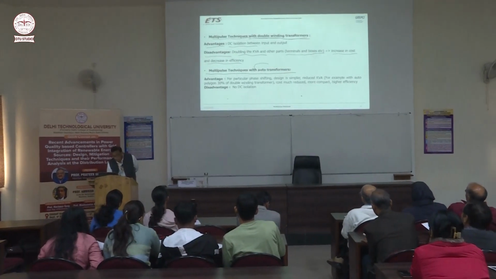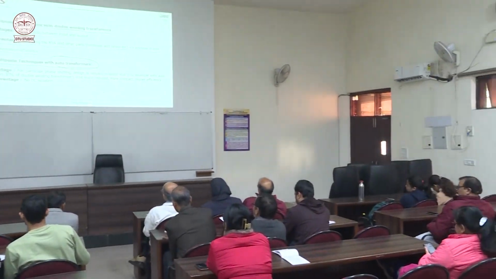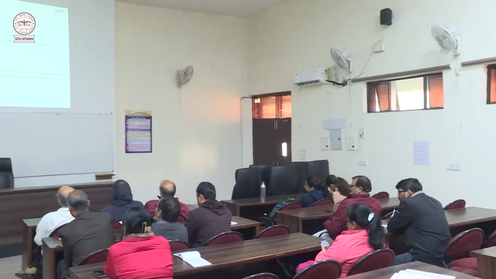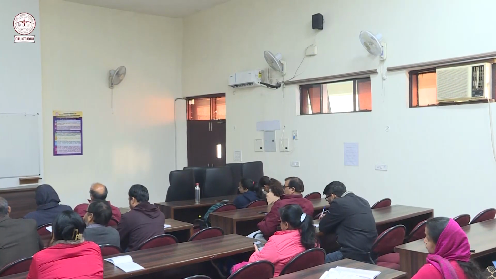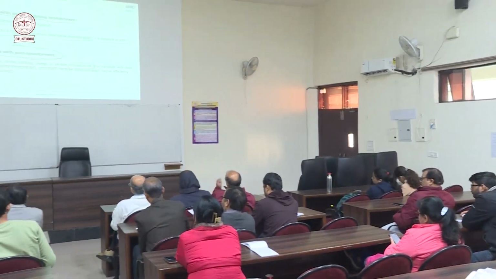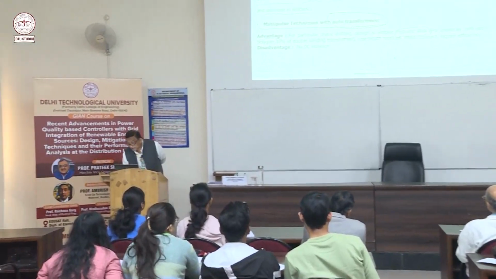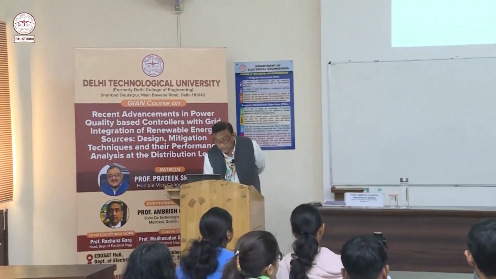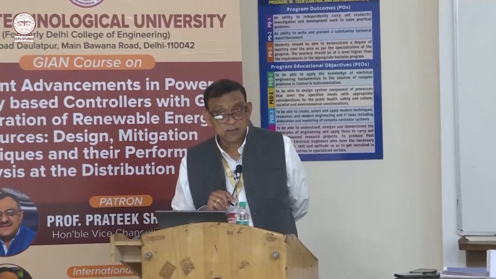But if you have auto transformers, then what is the advantage? For a particular phase shifting, the design is simpler, with reduced kVA. So if we say 10 kVA, it means it is 10 kVA, it is not 20 kVA, right? It is an auto transformer, the same windings are used. For example, with auto polygon, it is 30% of a double winding transformer. See, this is the advantage.